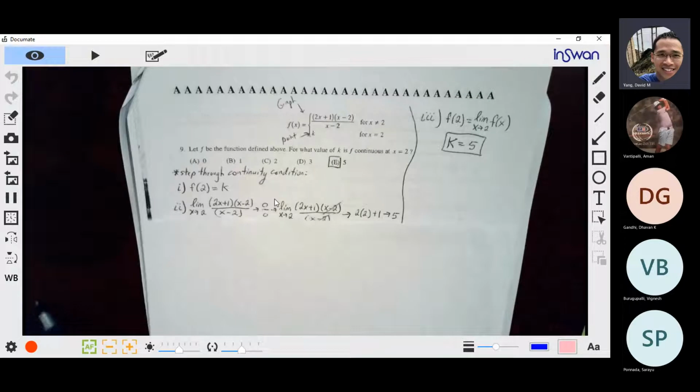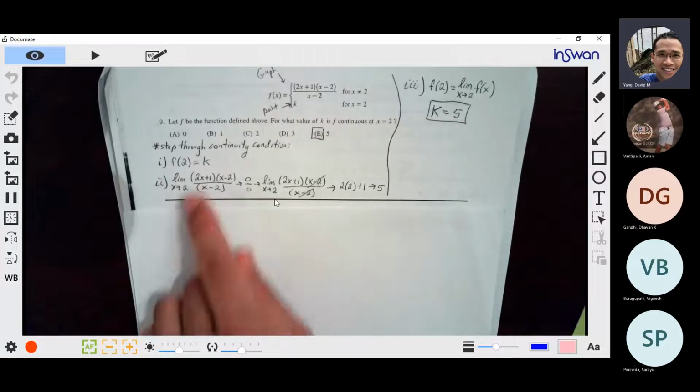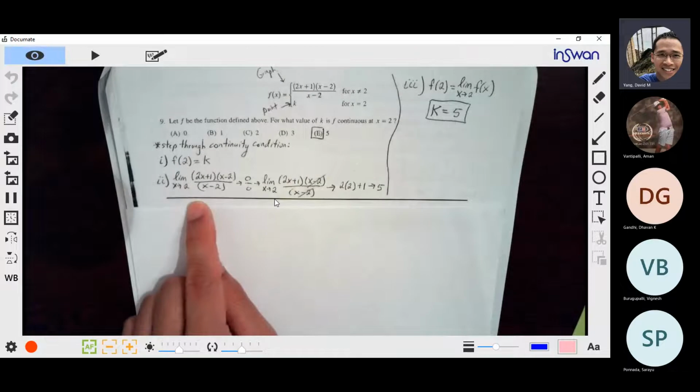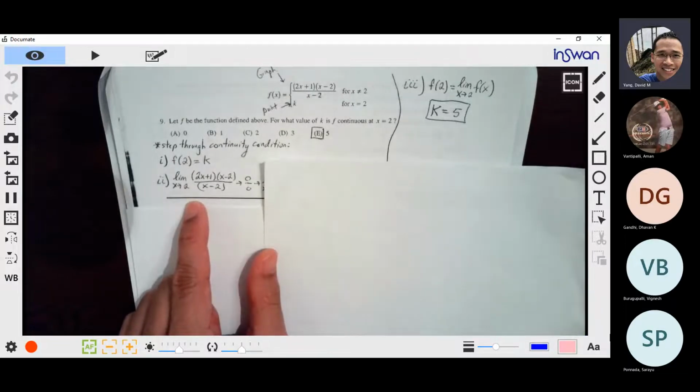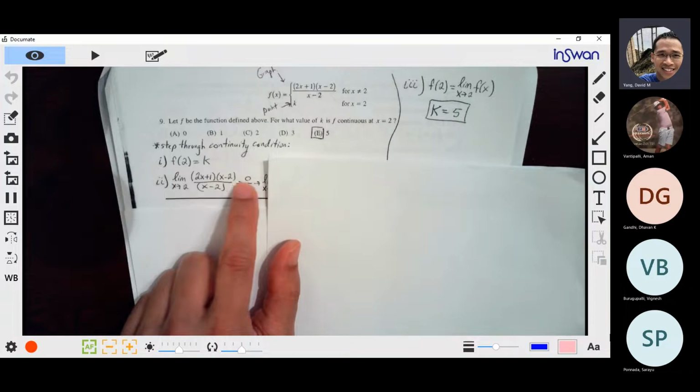So we simply take the limit of the top expression as x approaches 2. And if you think about limit steps, the first thing we do is go ahead and plug in. We plug in 2, and we get 4 plus 1 times 2 minus 2, which is 0.